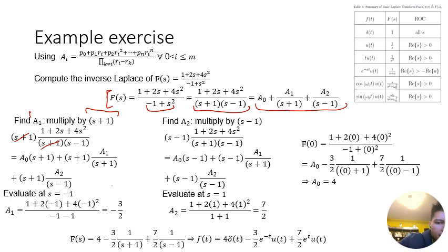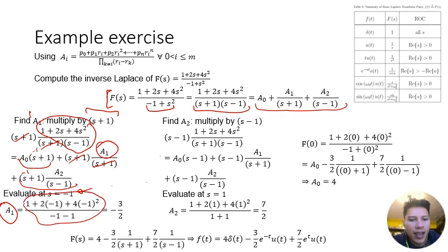On the right, these two will cancel, but this one will stay and this one will stay. And then when I evaluate at s equals negative 1, when I plug in negative 1 here, I'm going to get 0. When I plug in negative 1, I'm going to get 0. So I'm just going to be left with the A1. And on the other side, I'm left with this term, which I just need to evaluate at negative 1. And then I get the negative 3/2.